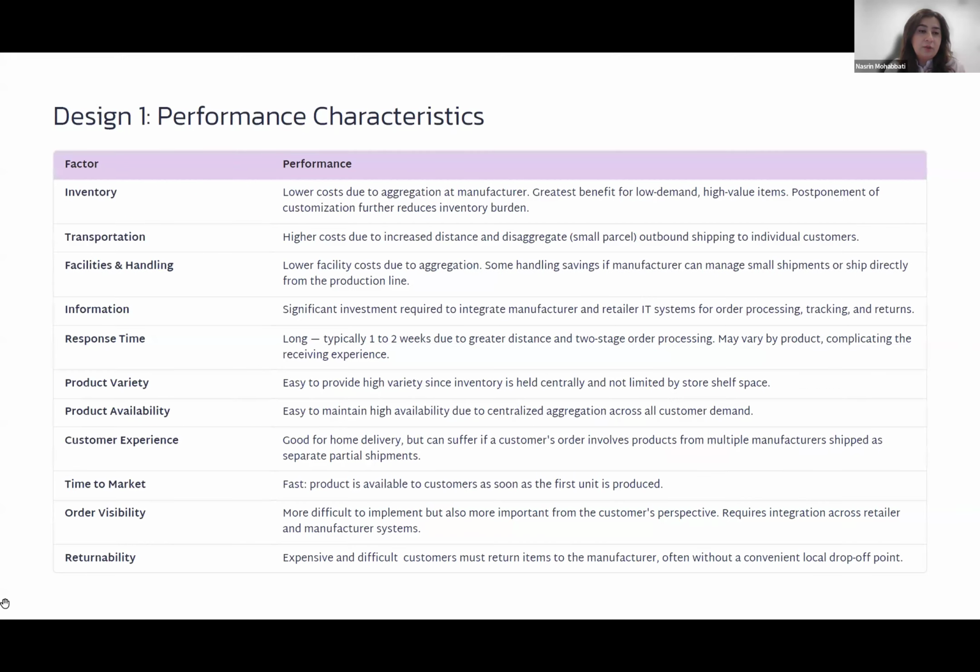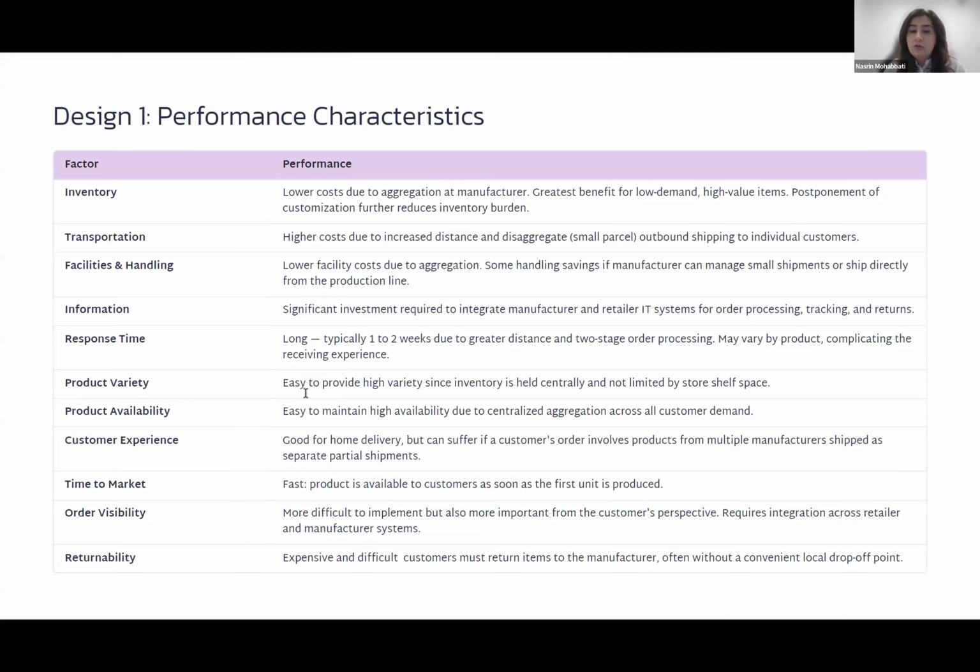And then in terms of customer value, if a customer values response time, they might not go with this business. Usually, because manufacturer centers are really far away from customers, it takes long time for the products to be delivered.